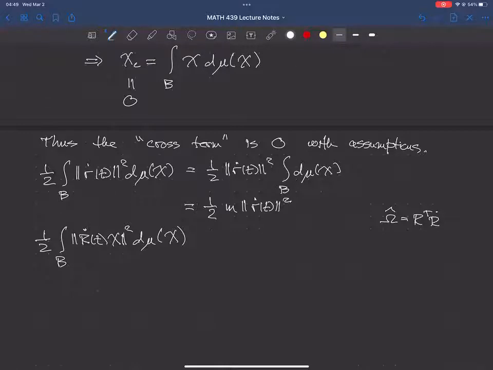And so that means that R dot is R omega hat, right? So that's the first substitution that we're going to make. Okay, so it's R of t, omega hat t, chi squared d mu of chi.